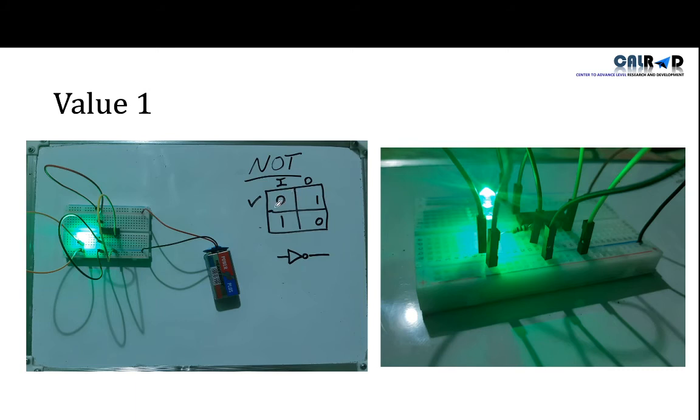So we will give negative current to the input. So here, see, this was our input wire and we give it to the negative, because this one is the negative. When we give the negative current, our LED starts blinking.